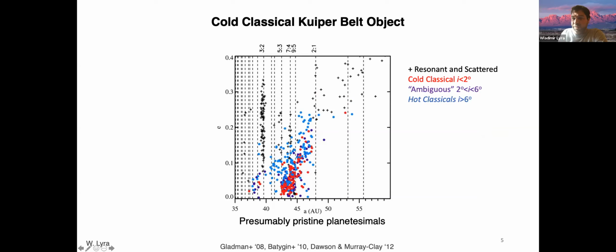Their eccentricities are usually very low too. So they are our best bets for pristine planetesimals, objects that were formed where they are and were not disturbed in the 4 billion years of the history of the solar system. So studying that means that we are looking at how a planetesimal looks like, probably the least processed objects.